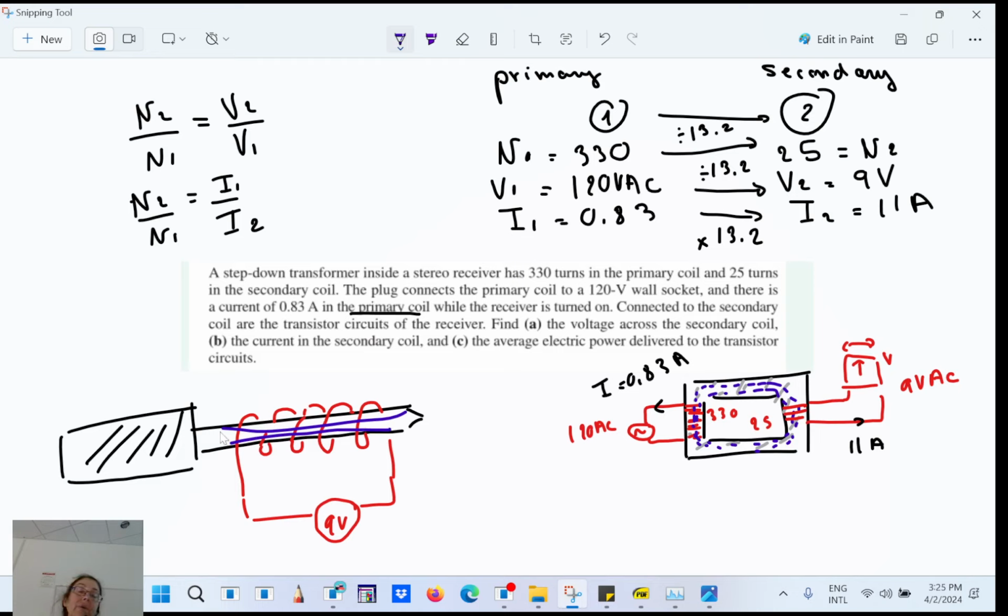It doesn't escape because this is called the core, soft iron, and it will trap the magnetic field. Same way here, this will trap the magnetic field inside. And maybe that's north, that will be south. So remember how you do that, okay? You take your right hand. If the current is flowing this way, that will be the north here, and that will be the south. Is that clear?